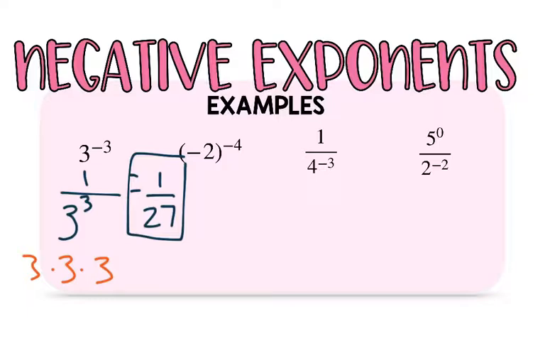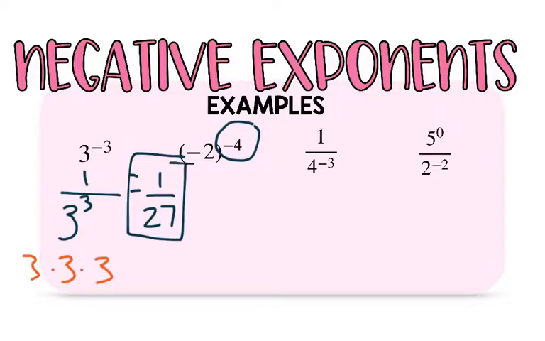I have negative 2. Notice the negative is in parentheses, to the negative 4th power. So how can I make the exponent positive? Notice that's the only part of this that would not be a good way to leave it. It's okay that the base is a negative number. What we don't want is exponents that have negative numbers. So again, I'm going to do the same thing. This is in the numerator.